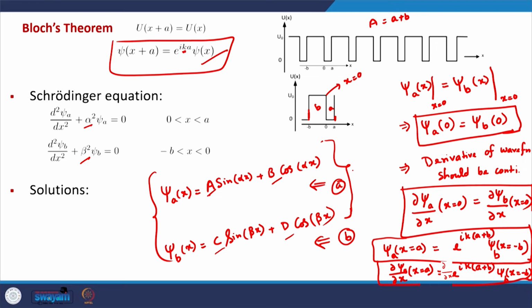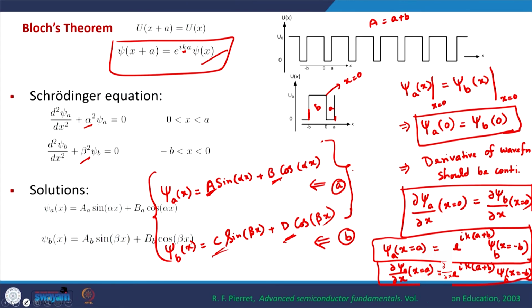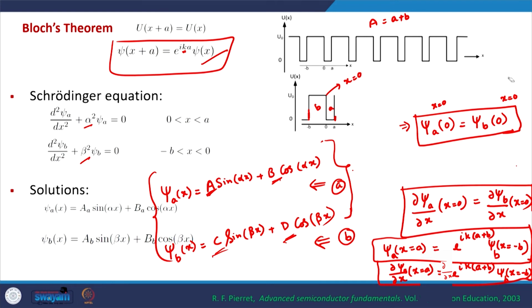Once we solve these 4 equations, so for example, if we solve the first boundary condition, now the maths is getting slightly involved as we progress to real systems, and that is the characteristic of quantum mechanics.